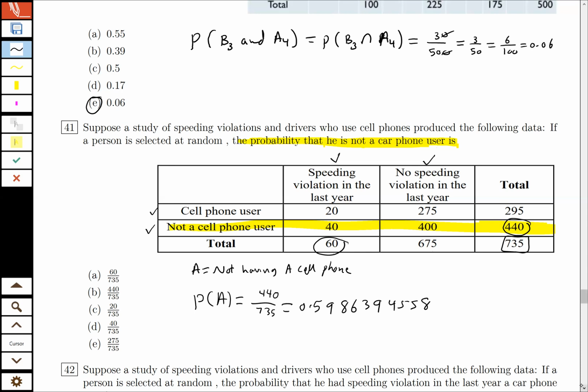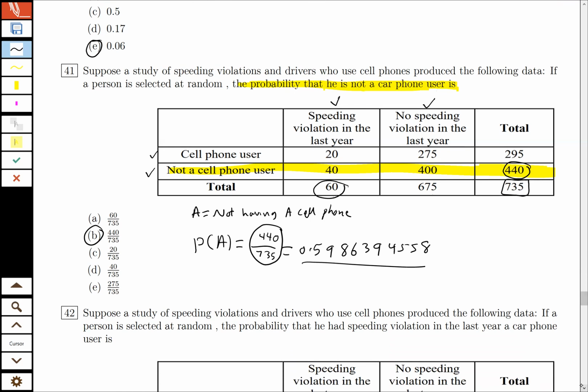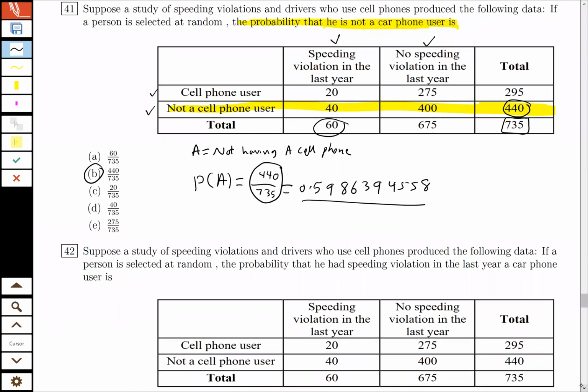But anyway, he gave me the choices as a fraction, 440 over 735, so I'll just choose it. If he put it in decimal, we will choose the decimal, but since he gave it in a fraction, we will choose the fraction. Sometimes in the choices, we put it in decimal.